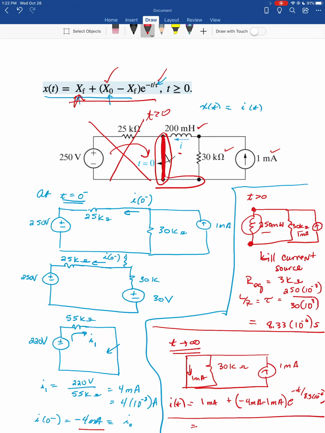So that's our answer, and you can simplify it, of course. I will let you do that simplification. Super easy, just add the 4 and the 1 together. So this will be 1 minus 5 e to the minus t over 8.3 times 10 to the minus 6 milliamps.